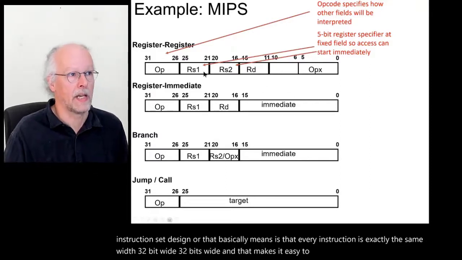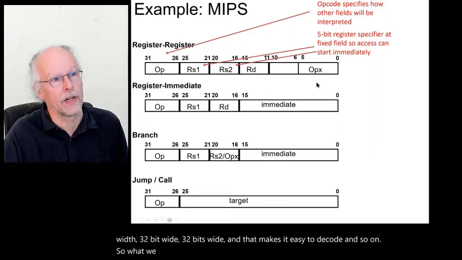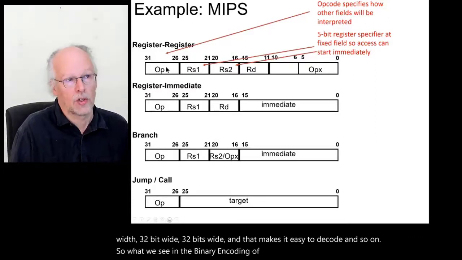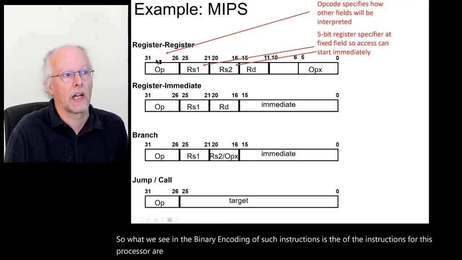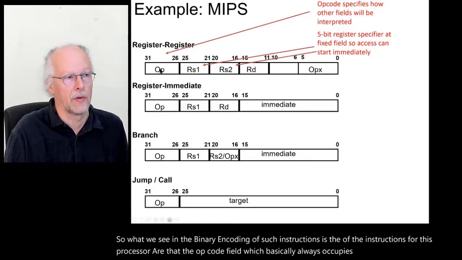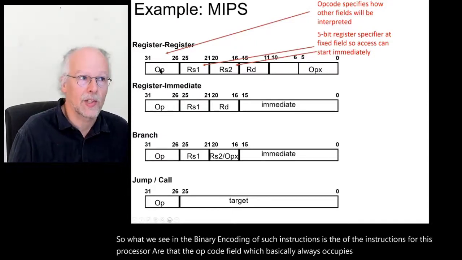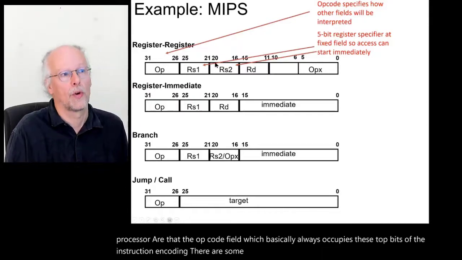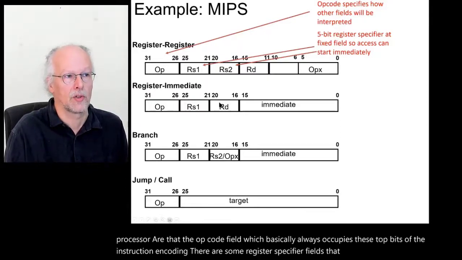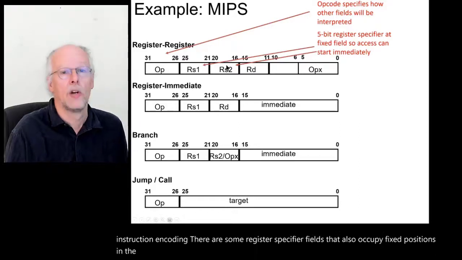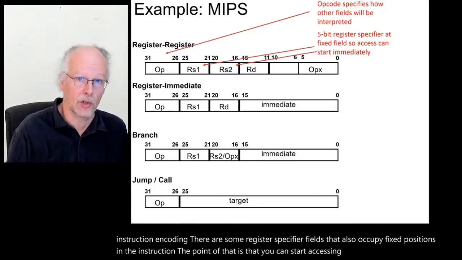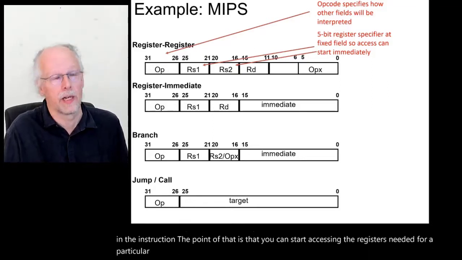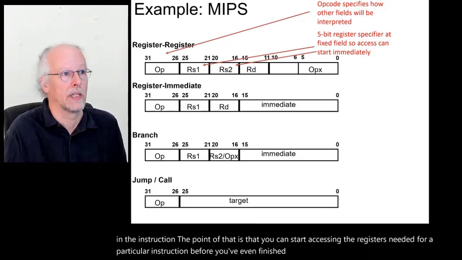What we see in the binary encoding of the instructions for this processor is that there's an opcode that occupies the top bits of the instruction encoding. There are some register specifier fields that also occupy fixed positions in the instruction. The point of that is that you can start accessing the registers needed for a particular instruction before you've even finished decoding it, before you even know what kind of instruction it is.